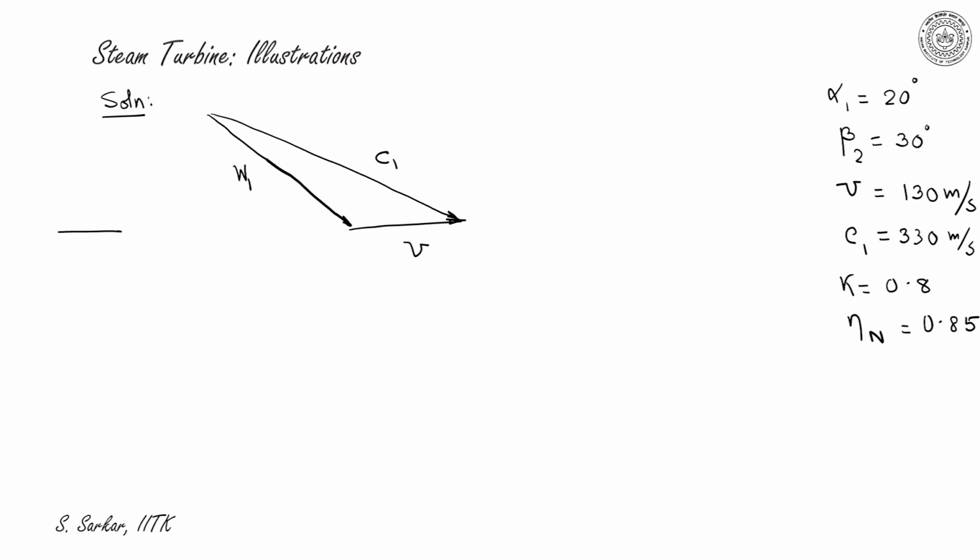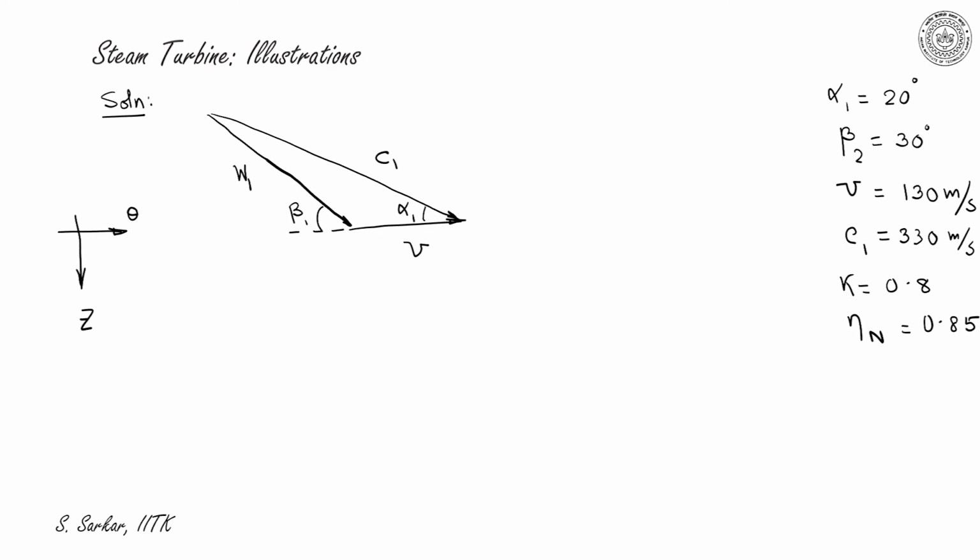This would be the tangential direction, theta. This will be the axial direction, Z. All angles are referred with respect to the tangential direction. So this is beta 1 and this angle is alpha 1.